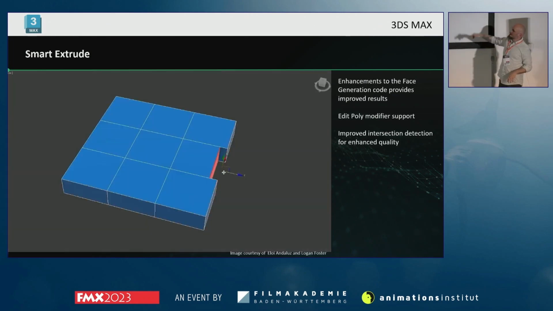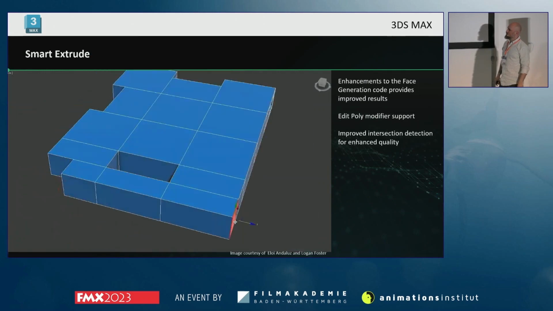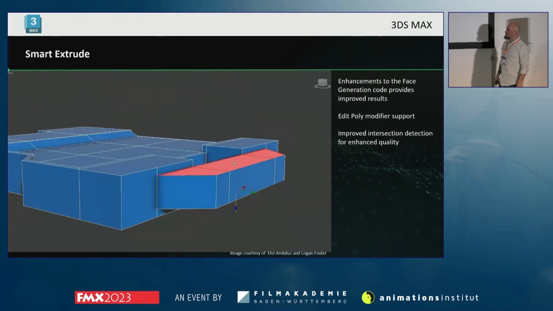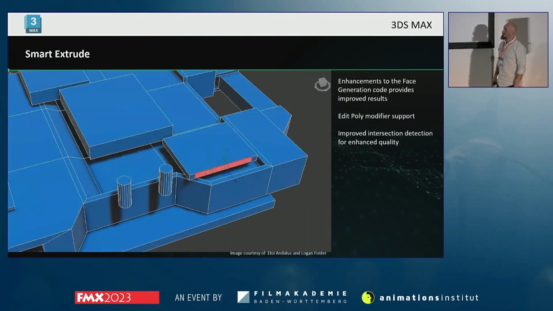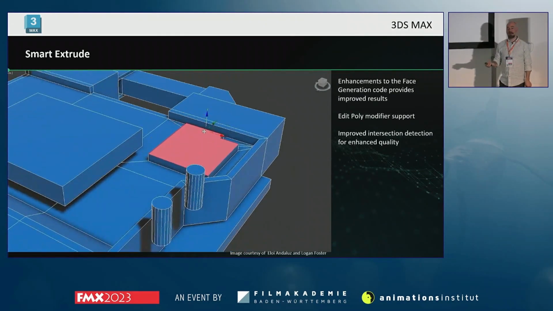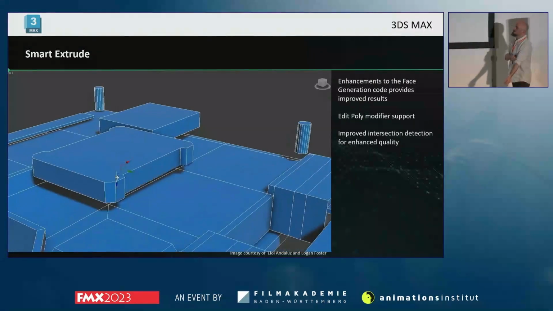You work literally like that. You're shaping up your models. And this is a greatly overhauled workflow. In the last 1.5 years, we've been adding new features and new capabilities to that tool as well.